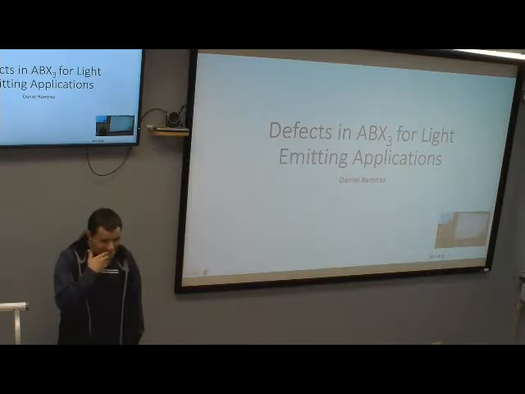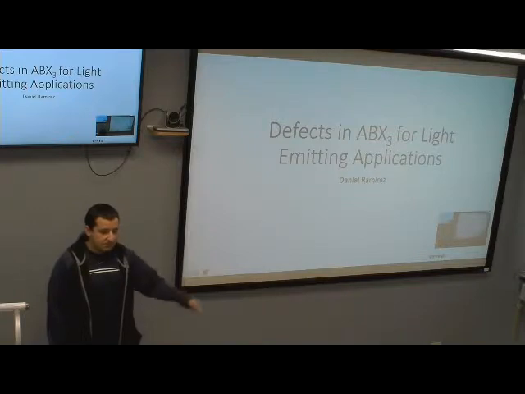Maybe, I don't know exactly what your goals are. You still didn't explain to me what your goals are for this one. But you can really start with a provocative statement, because usually defects are not doing a good thing for emission. Defects usually lead to quenching of emission.